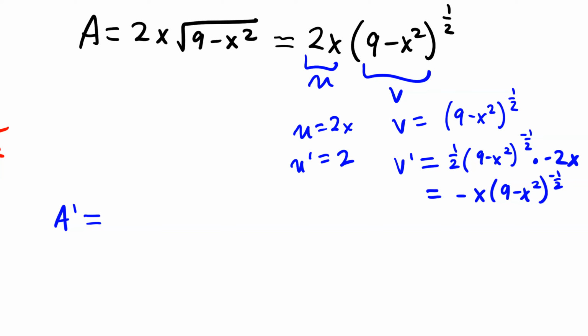u prime times v. So 2 times 9 minus x squared to the 1/2 power, plus u, which is 2x, times v prime.